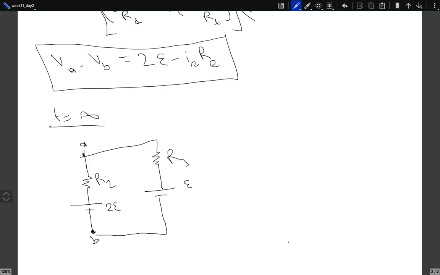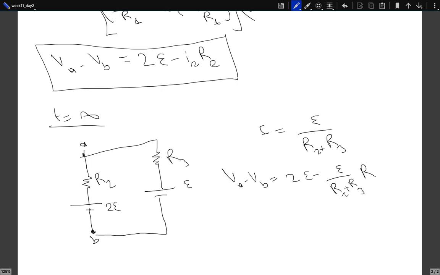One battery is trying to run the current in one direction, the other one the other way around. So the total EMF would be just epsilon. The total resistance is R2 plus R3. So this is the current running through the loop in this case. And the potential difference, VA minus VB, would be just 2 epsilon minus epsilon over (R2 plus R3) times R2.